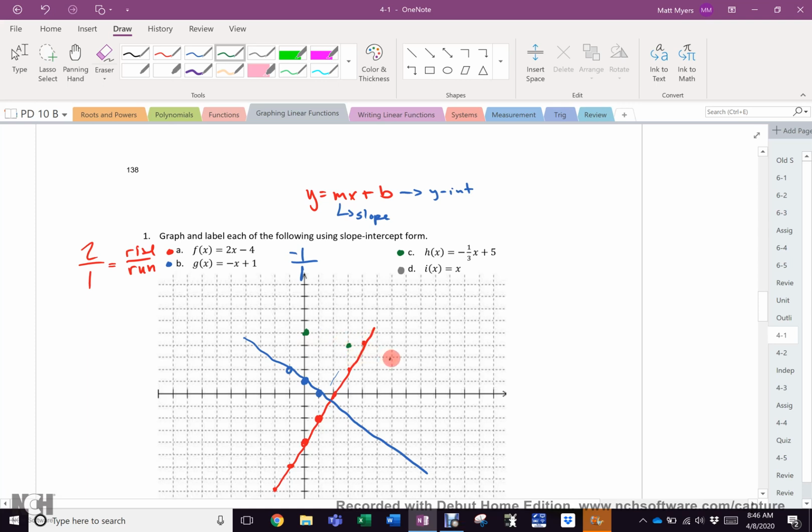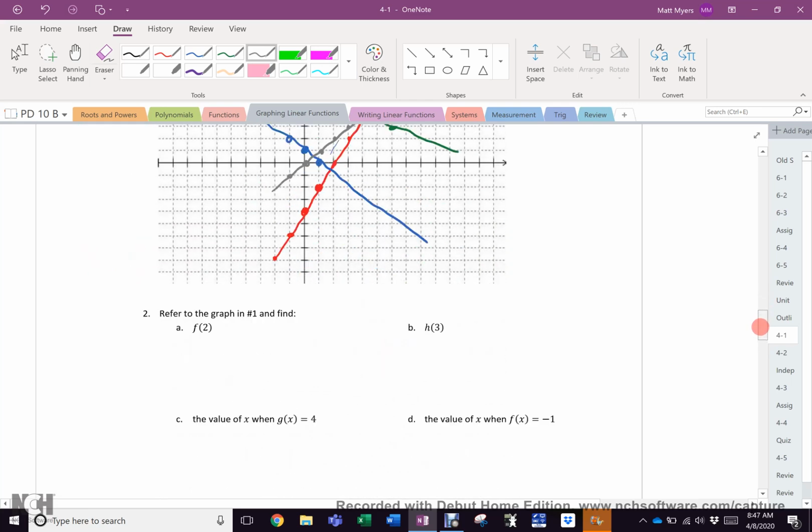Down 1, right 3. There's the green one. And the gray one, y equals x. No y-intercept. So that's 0. Slope of +1. It's going to go up here. Now you can see this has made a horrible mess of our graph.